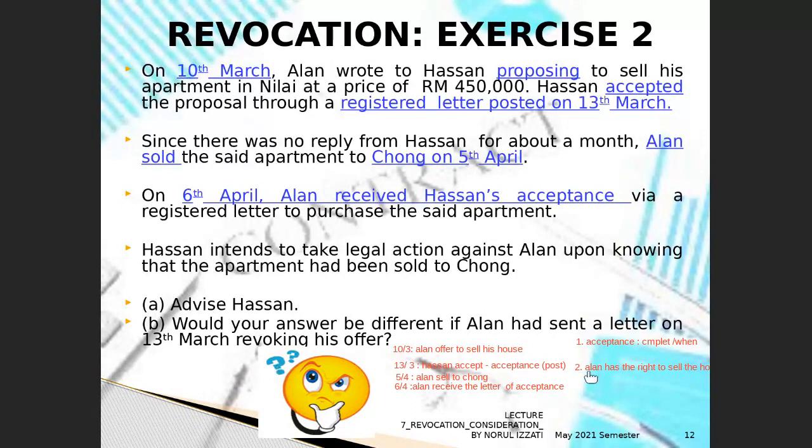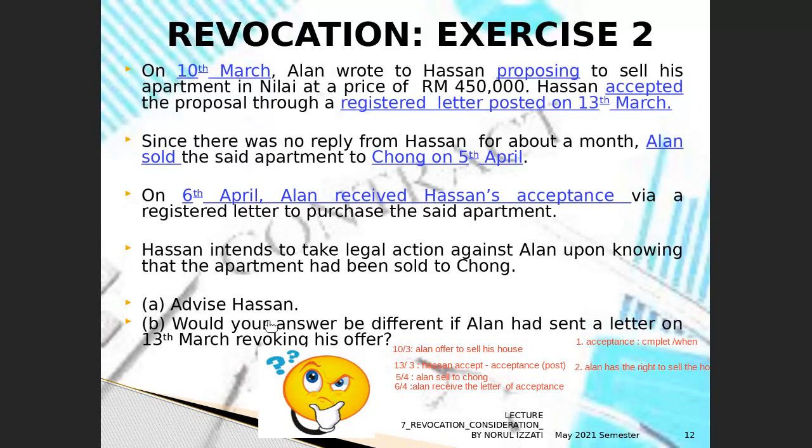That is how you advise Ellen. And then you have to mention that she has to revoke the contract with Chong, because her contract with Chong is actually void. The contract with Chong is not valid because the house no longer belongs to him, because he already sold it to Hassan.